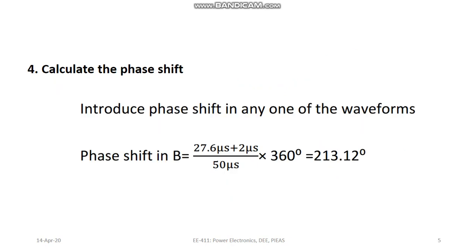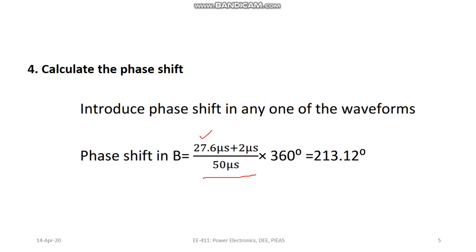And the last step is to introduce a phase shift in any one of the waveforms. Either I can introduce this phase shift in waveform A or in waveform B. So what I am going to do is introduce the phase shift in the B signal.